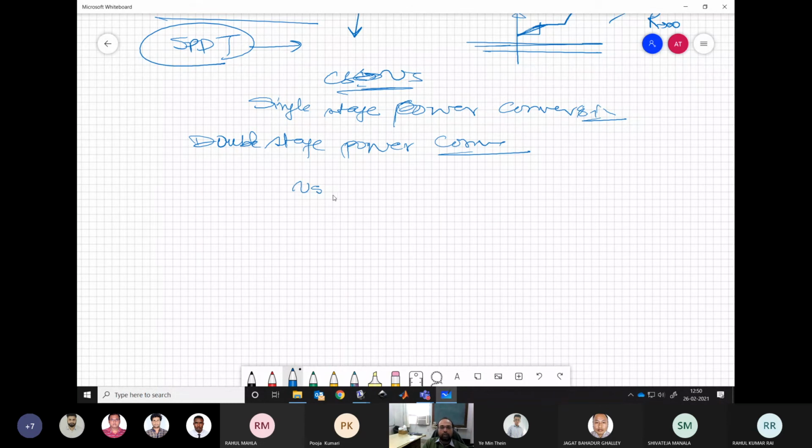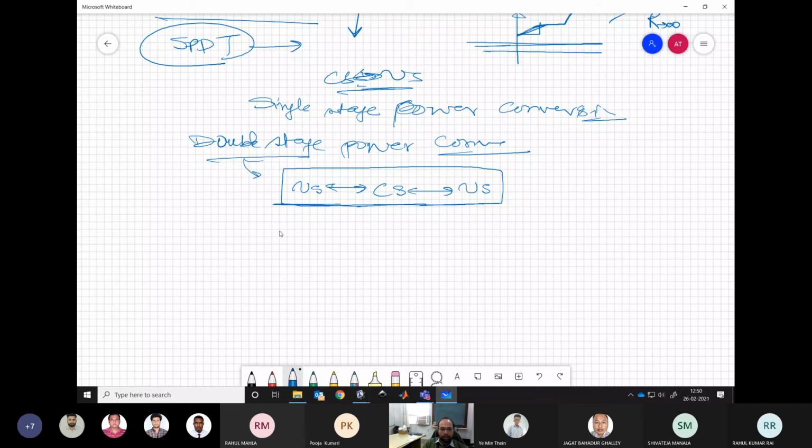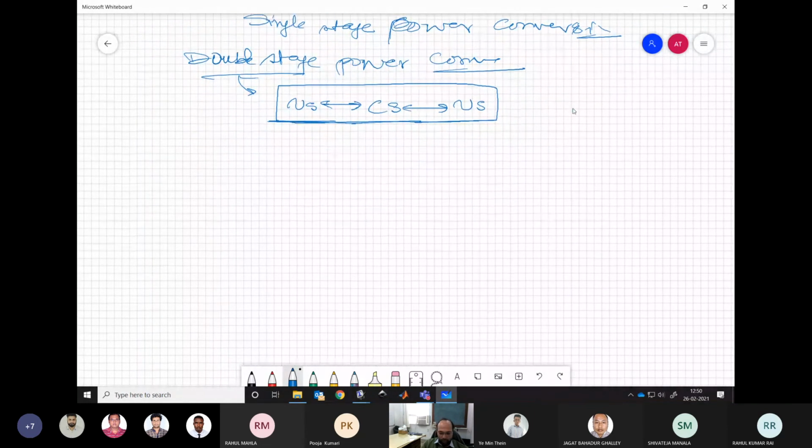We may have a voltage source transferring power to current source, and then we may have a voltage source receiving power from this current source. So this is something, or it may be vice versa. So this is something which comes under the multi-stage power transfer, and this particular case is double stage power converter or power conversion. Now, which is the simplest example for this?